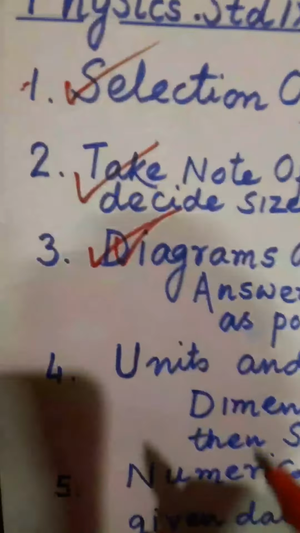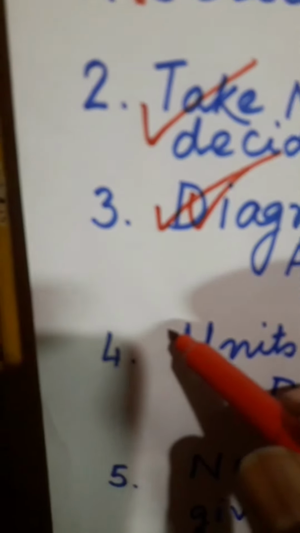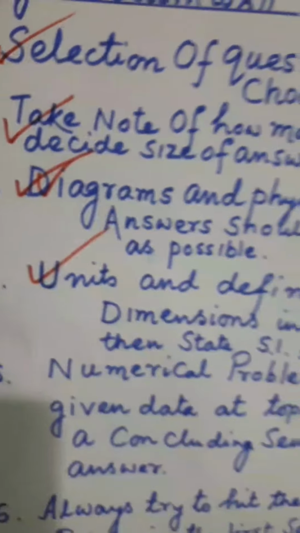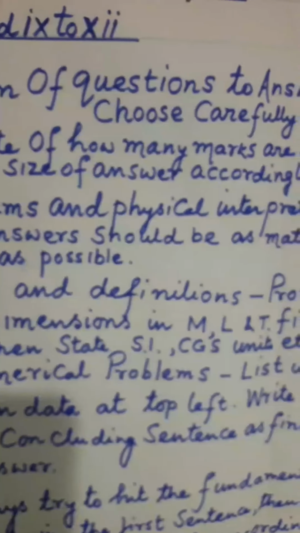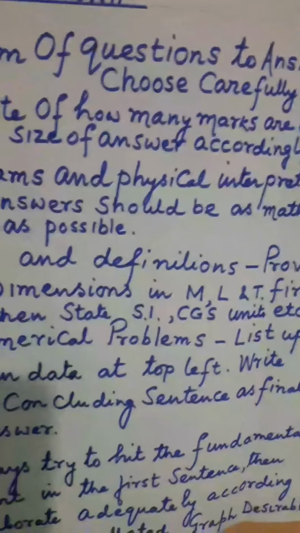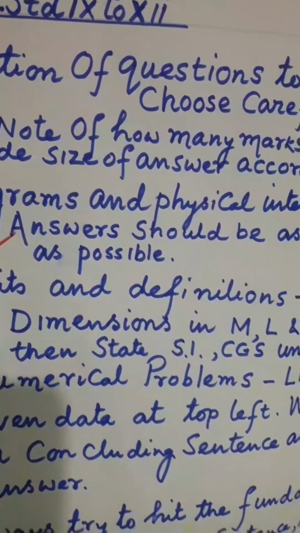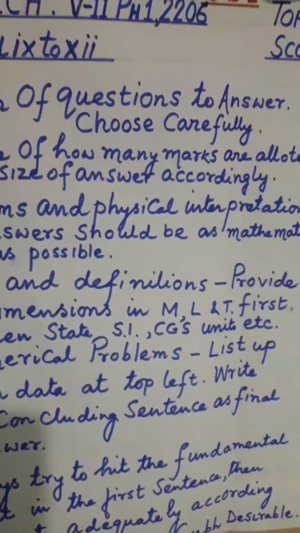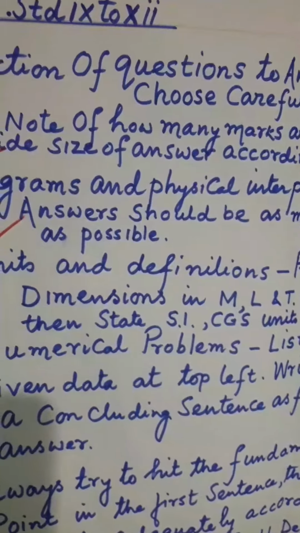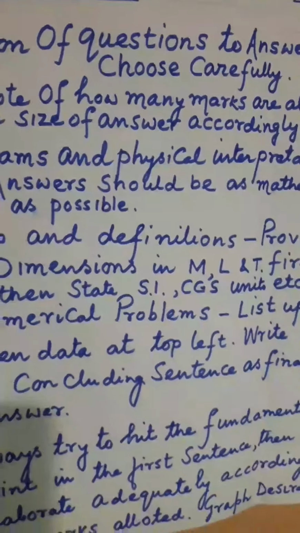We shall now come to point number 4, which states: units and definitions provide dimensions, that is the fundamental dimension in terms of MLT first, and then state the SI or CGS units.